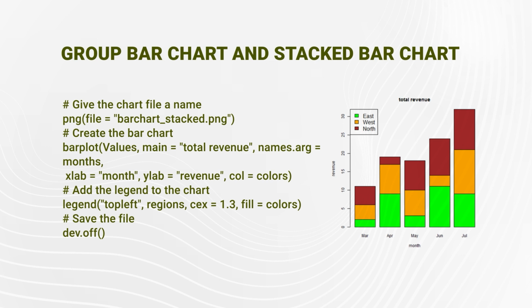The x-axis label can be month, the y-axis label can be revenue, and then the color palette, whichever you want to use. Now again, if you want to display more information, the legend function can also be used. The legend can be set as top left so that it will be clearly visible in the chart. Again, if you want to save the file, you simply use dev.off.